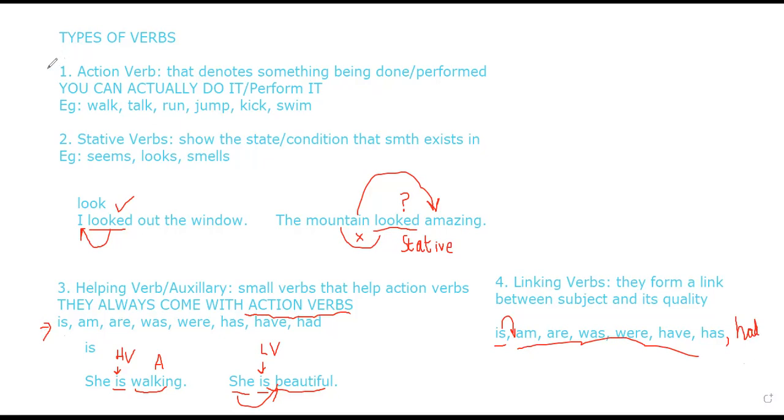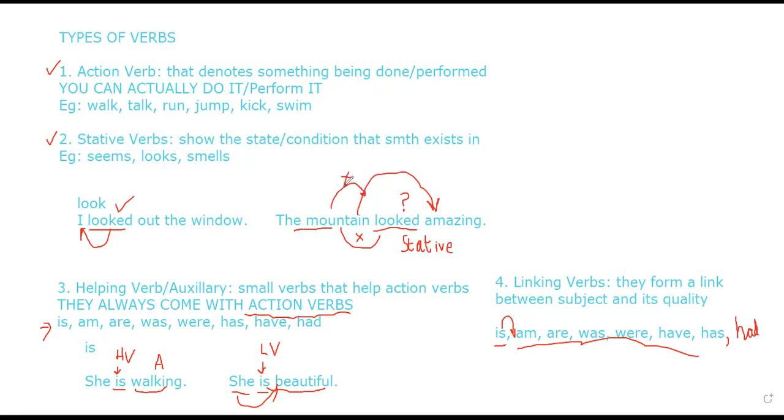And again, action verbs and stative verbs, the main difference is, when you are given a sentence and you have to spot which type of verb it is, ask yourself, can I do it? Okay? Ask yourself, is it something that the subject is performing? Is the mountain doing this action? No, it's not.